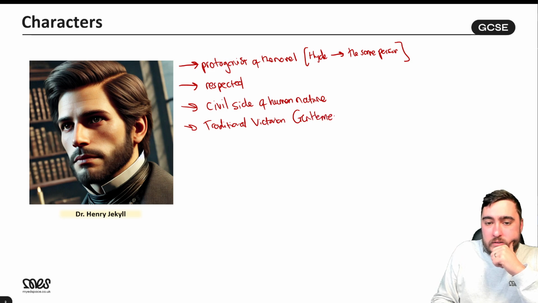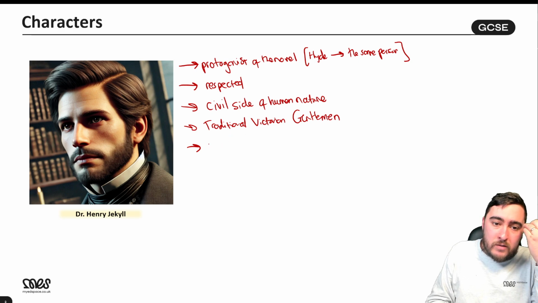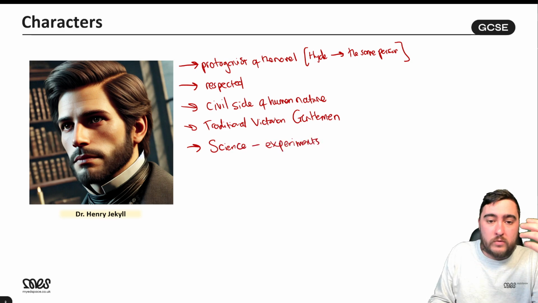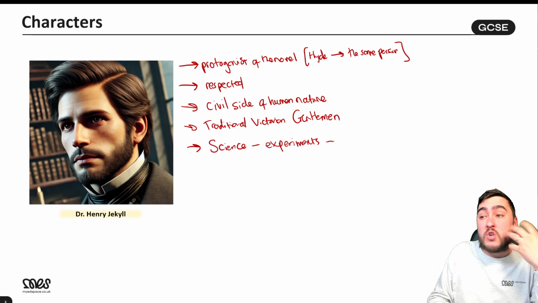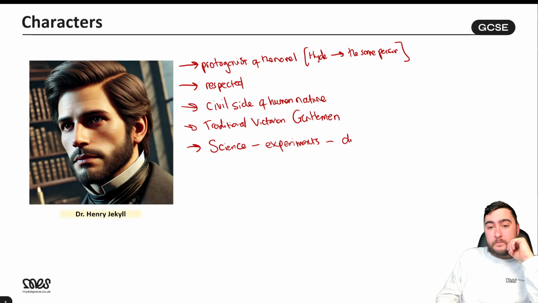But as well as this, he is a representation, a manifestation, I guess, of the Victorian obsession with science. Because being a doctor, being someone involved in experiments, he exemplifies this new interest in the developing world of scientific discovery.